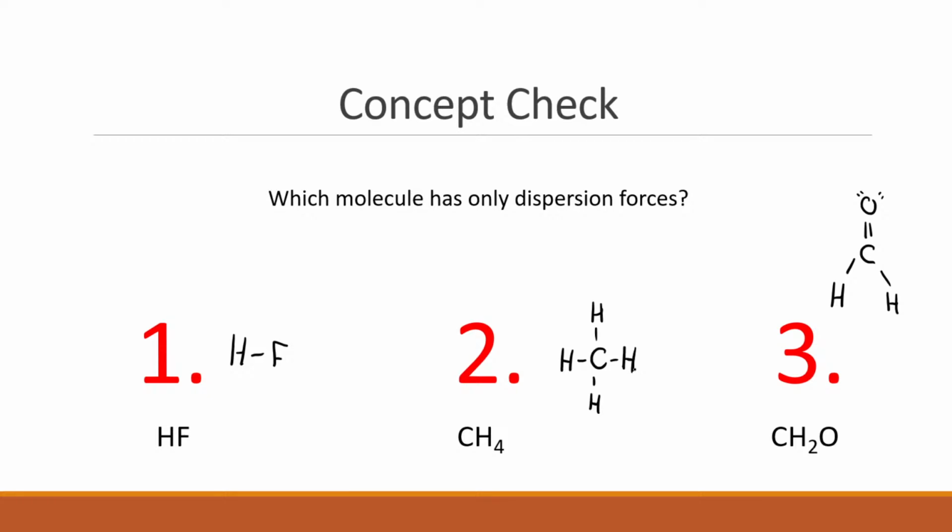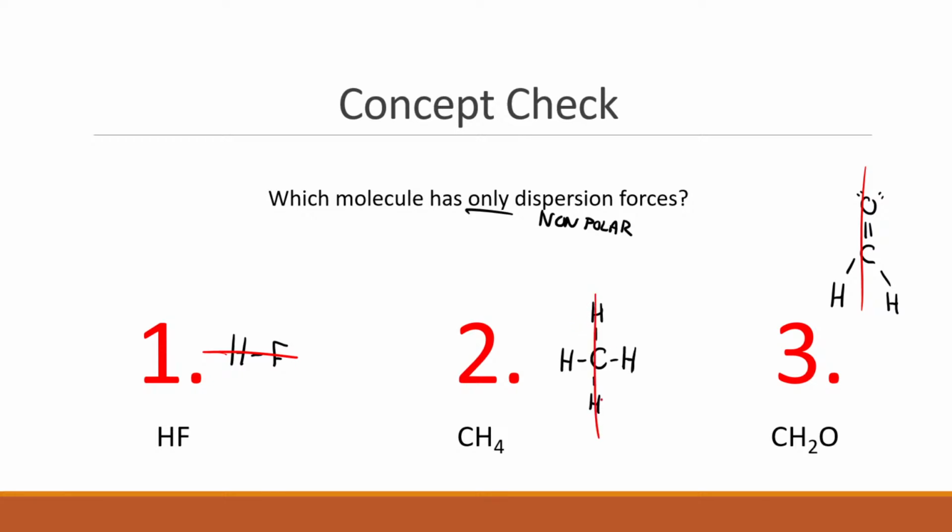If a molecule has only dispersion forces, we're looking for a nonpolar molecule. A nonpolar molecule has multiple lines of symmetry. There's only one line of symmetry in choice 1, only one line of symmetry in choice 3.